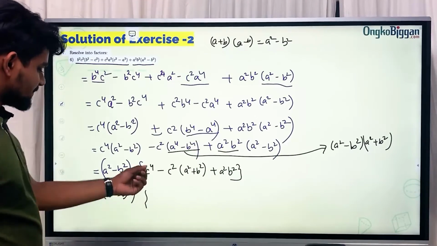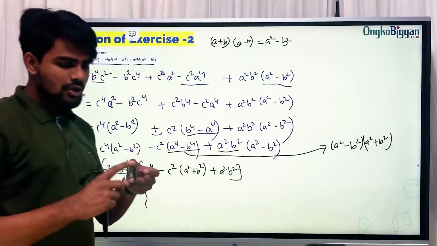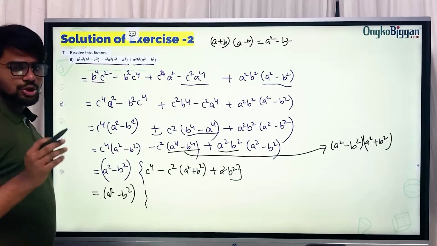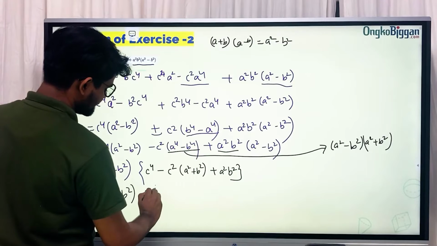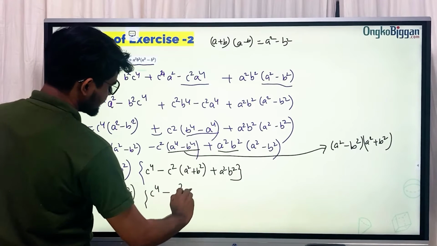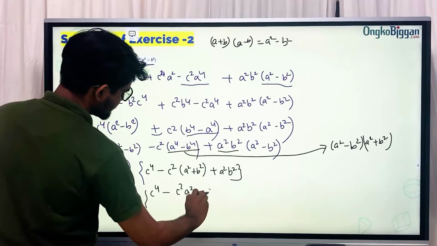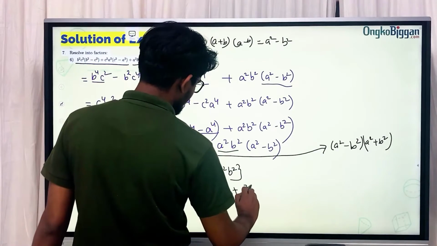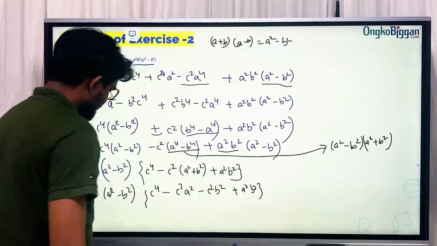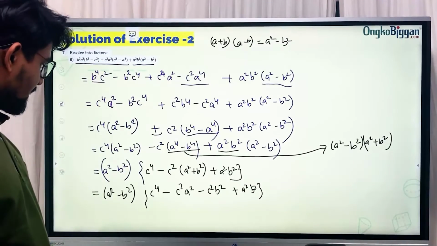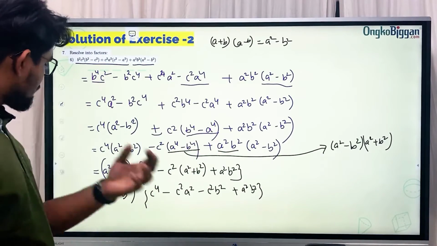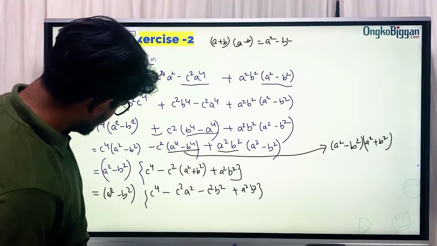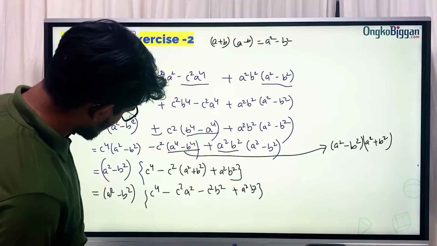Now if I actually expand them, and before that I'm going to use my chashma because my head is hurting. Okay, so back to chashma mode. So c4 minus c square a square and minus c square b square plus a square b square. Let us see if we can take common from anything here. So before that, I just need to rearrange them, or we can work without rearranging them also.